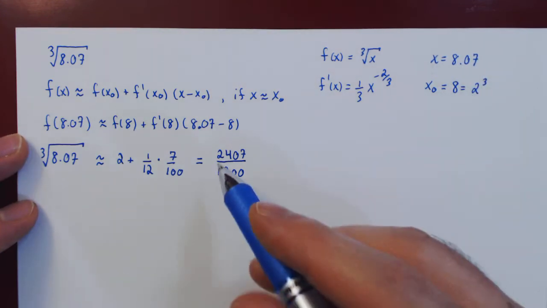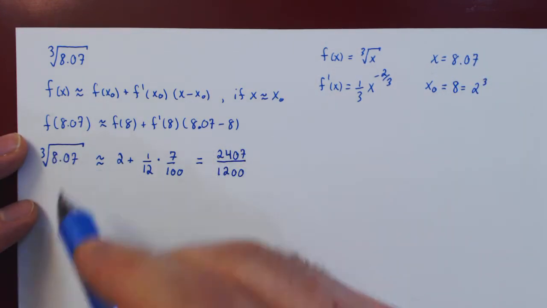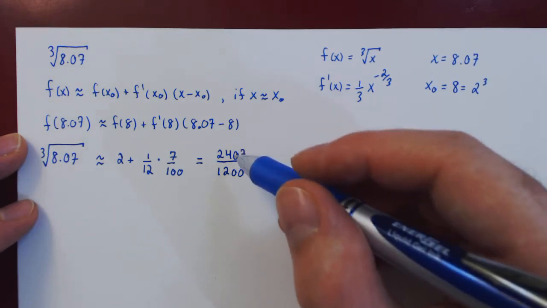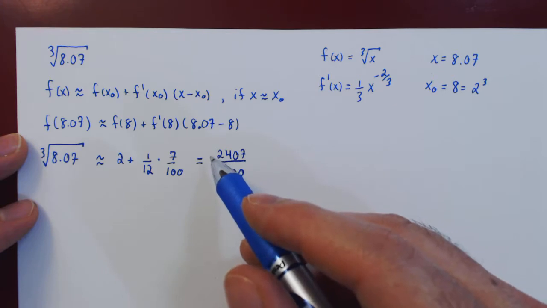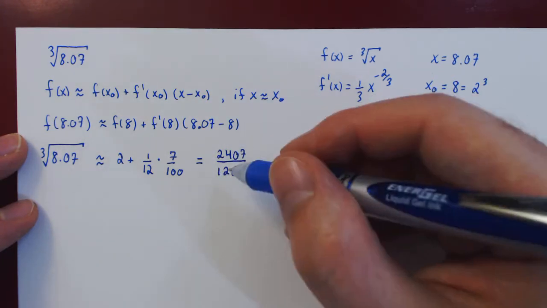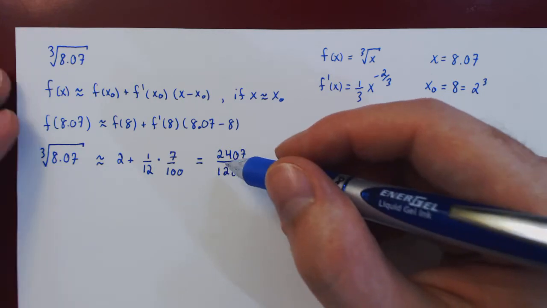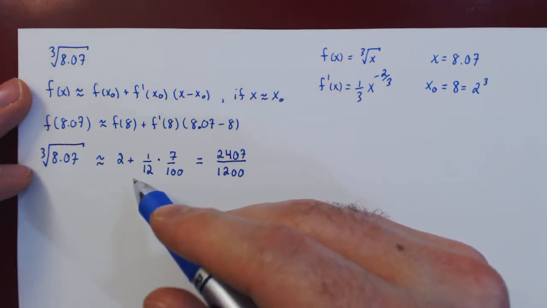And we're done, right? We have now a rational approximation to the cube root of 8.07. The only downside is it's hard to get an intuitive feeling for this number, as the numerator and denominator are fairly large. So we want to give a more intuitive answer in the form, of course, of a decimal answer.